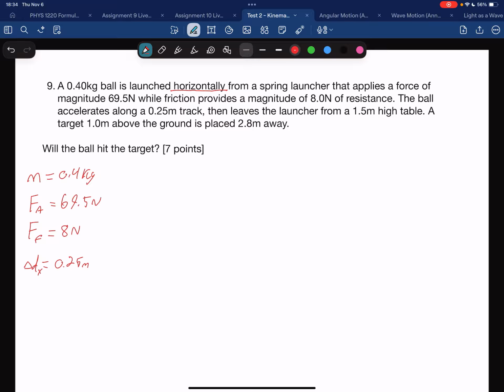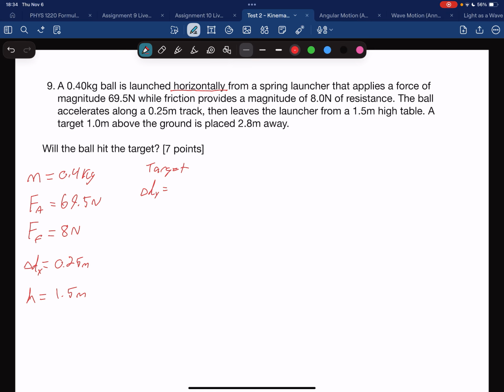Then leaves the launcher from a 1.5 meter high table. So we'll call this H, 1.5 meters. A target 1 meter above the ground is placed 2.8 meters away. I'm going to write that out separately. So this is for the target.